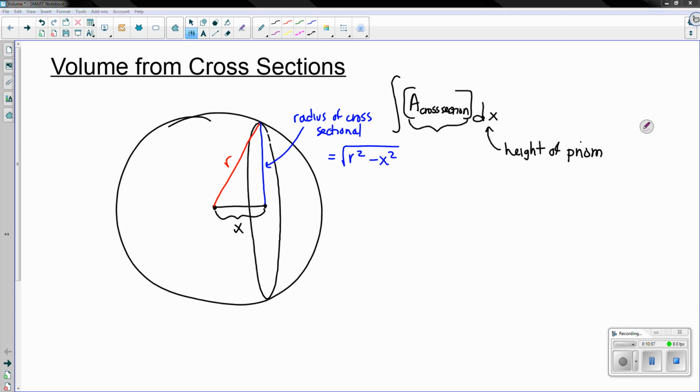So knowing that we need to integrate the area of our cross-section, and knowing that the cross-section is a circle, and knowing that the area of a circle is dependent on the radius, we can say pi times the radius squared is the area formula for a cross-sectional shape, in this case, the circle. So now let's incorporate this into our integral.